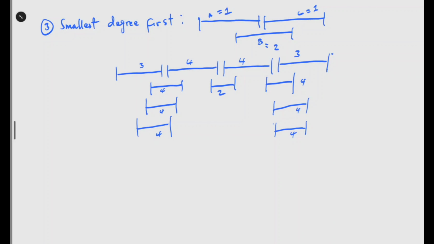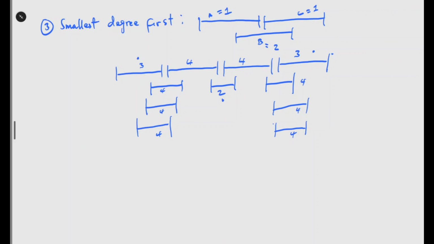Yeah, and we want to execute smallest degrees first. What does that mean? Does that mean we will execute this and we execute this using smallest degree first? We execute the job with degree 2, we execute this job, we execute this job, and that will be all.